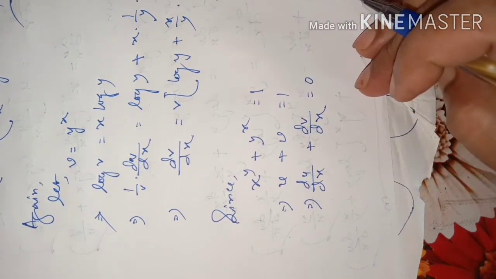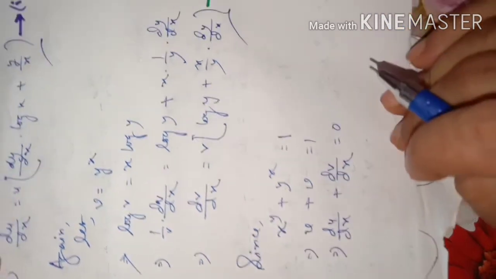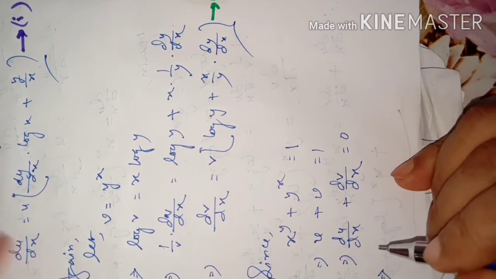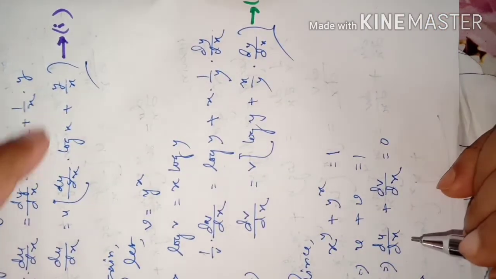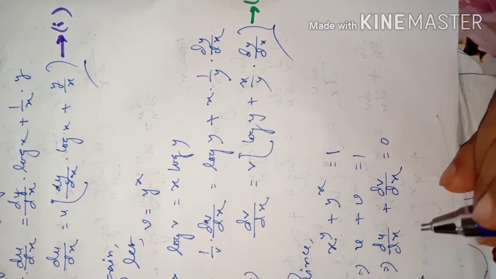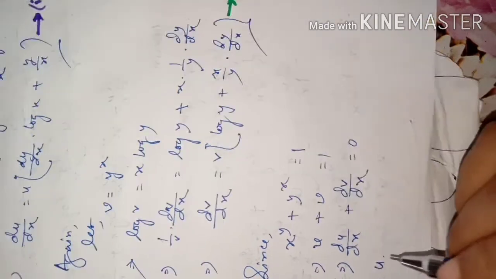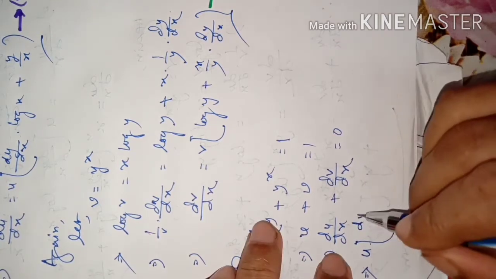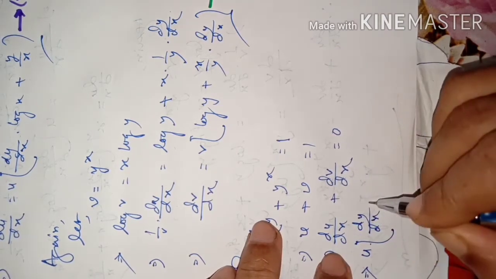Now du by dx. What is du by dx? Let us write that part here. So du by dx is this expression. Look at this equation 1: u into dy by dx into log x plus y by x. We can change this u later on.